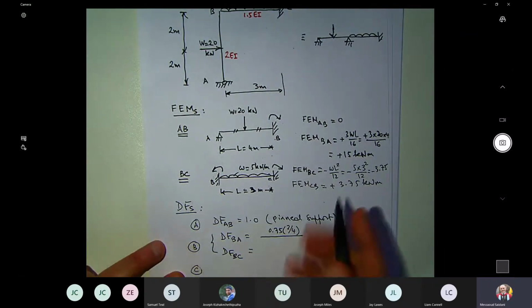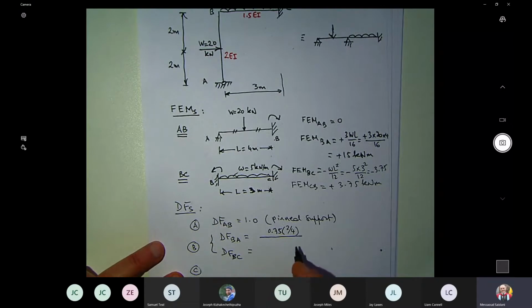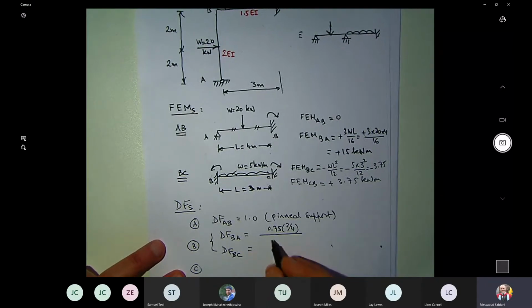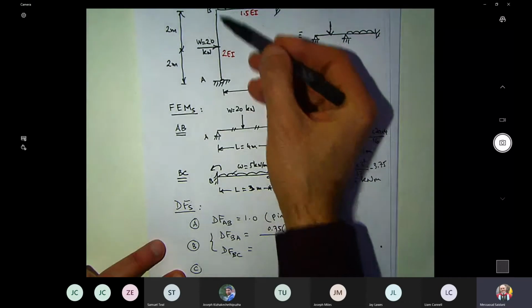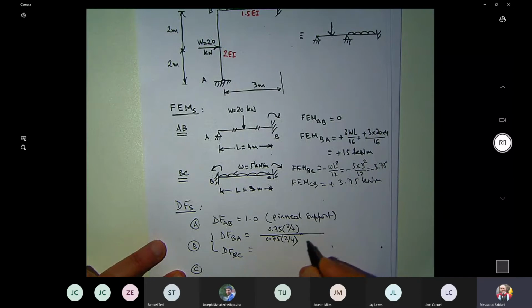Is that clear? It should be like 2 EI over 4, but the EIs will cancel, as we said. And then divided by stiffness of BA plus stiffness of BC. So it's 0.75 times 2 over 4, plus stiffness of BC, which is 1.5 over 3.